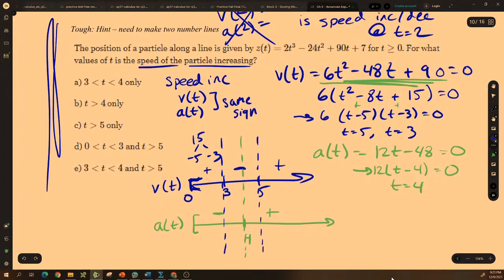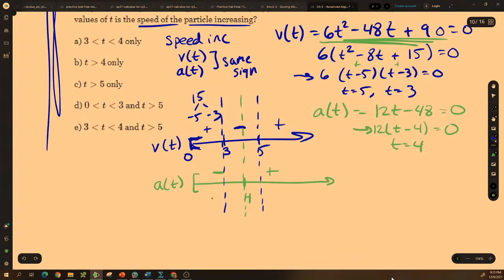And so what I can see is, over here on the left, v is positive and a is negative. Those are not the same signs. Here in the middle of these two dashed lines, between 3 and 5, v is negative and a is negative. Those are the same signs. That works.